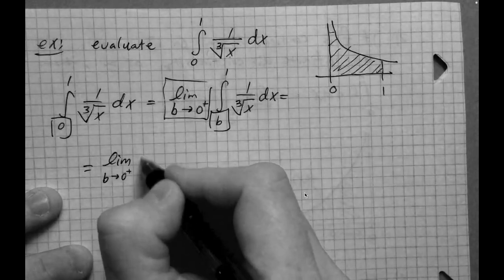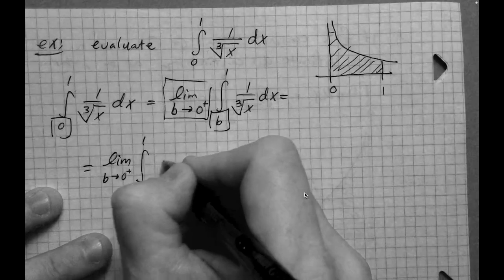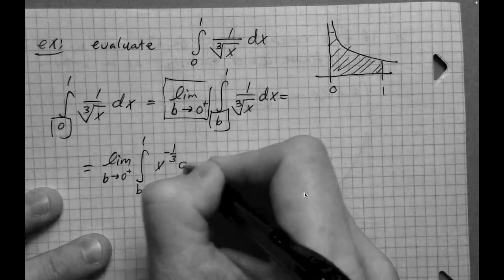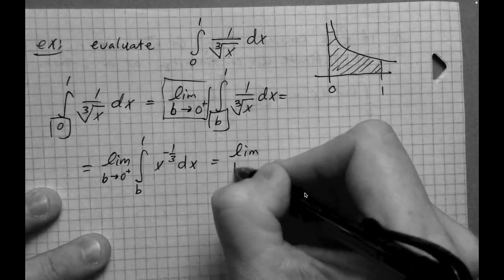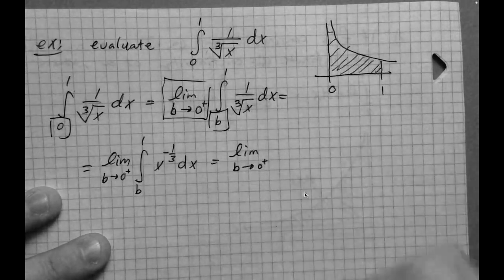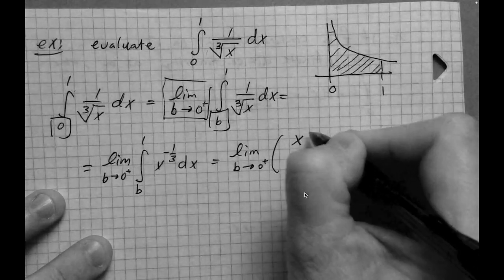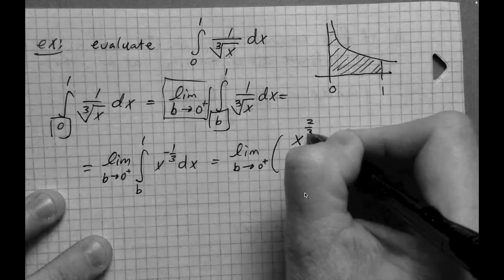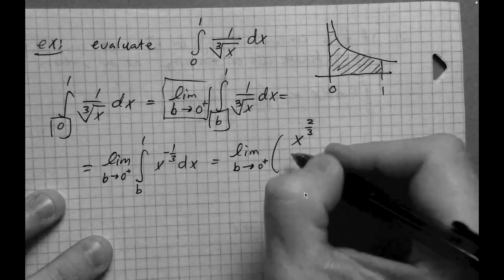Now, can we integrate this? Let's write it slightly differently. Instead, let's write x to the negative 1/3 power. That's a really easy integral to deal with, right? The limit as b goes to 0 from the right-hand side of this is going to be what? X to the 2/3, so it's negative 1/3 plus 3/3, so 2/3 over 2/3.